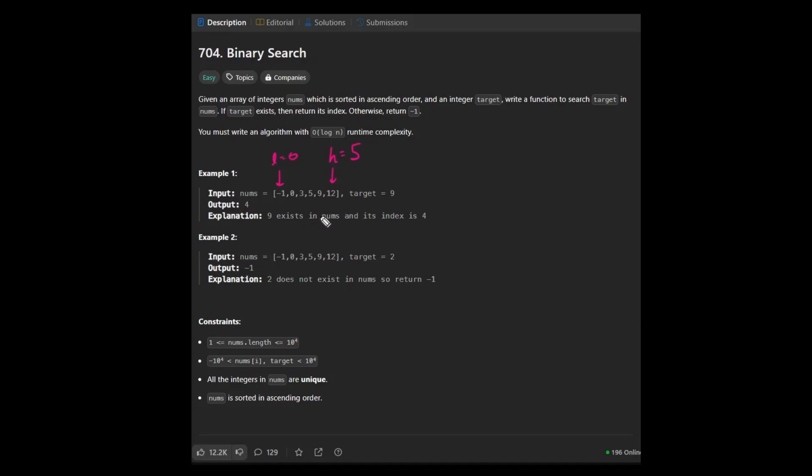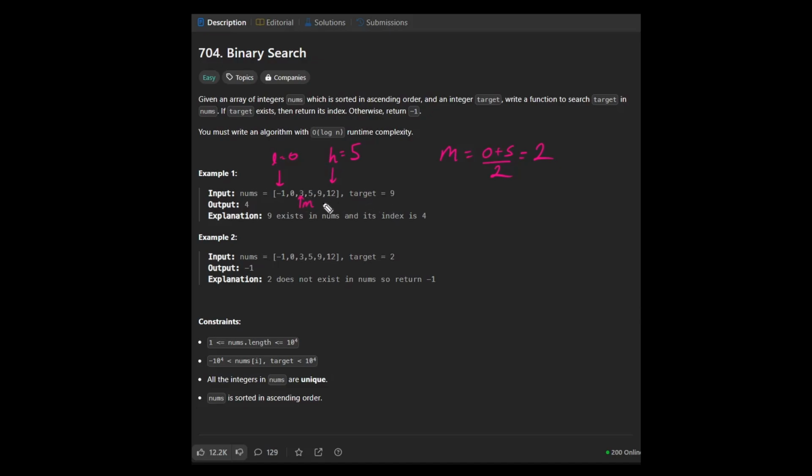So what would be the middle point? That would be the index of low plus high divided by 2, 0 plus 5 divided by 2. And it's an integer division, so it would be 2. What is index 2? 0, 1, 2. We are over here.